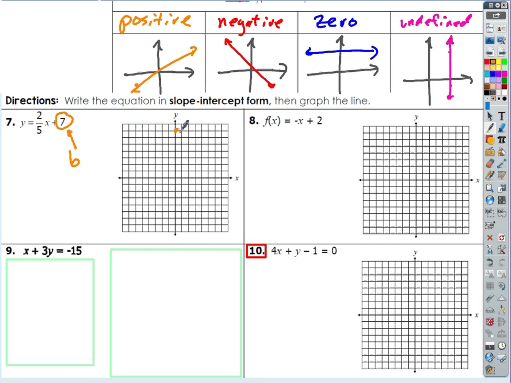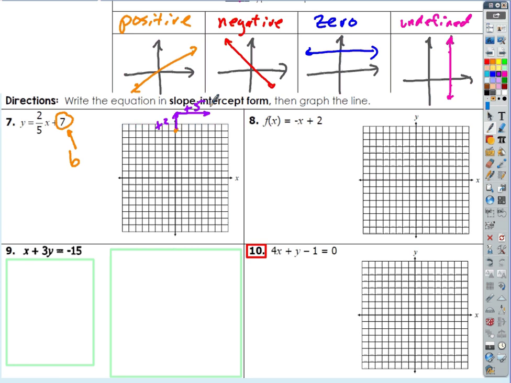Now from that point, how could I get a second point? What do you think, Maria? Down to the left 5. Okay, so we're going to use a slope triangle, aren't we? We know that the rise over run, the slope, is 2/5. So that tells me that I would either rise by 2 and run by 5: 1, 2, 3, 4, 5, run to there. That's not very convenient on our graph.